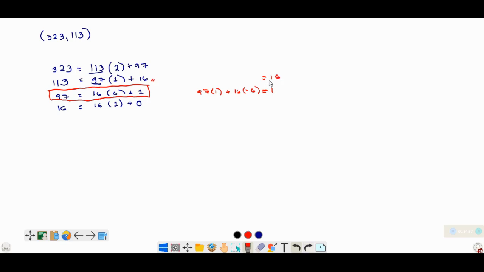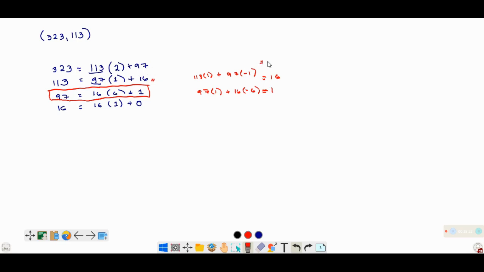16. Dito sa kabila, dapat meron kang 113 times 1 plus 97 times negative 1. Yan. Papalitan mo siya. After that, dito naman tayo sa pinakang taas. We have 97.